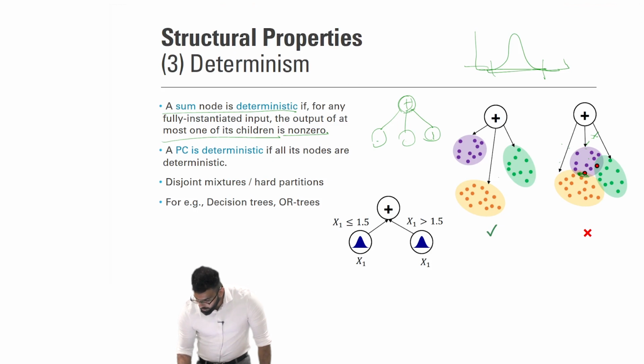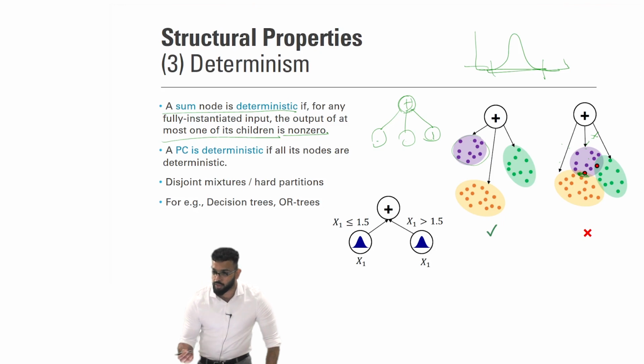But in this case, let's say outside the colored regions, the probability is 0 for each child node. So you have disjoint support, which means for any given input, at most one of these children would be non-zero. Does that make sense? Is that clear, why this is deterministic?